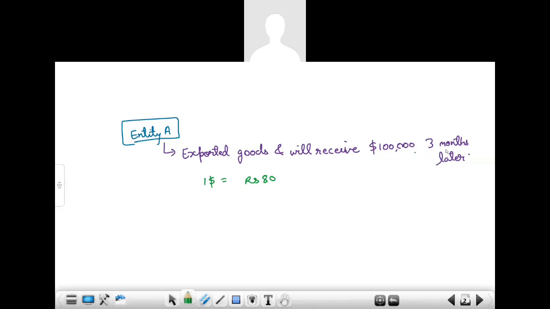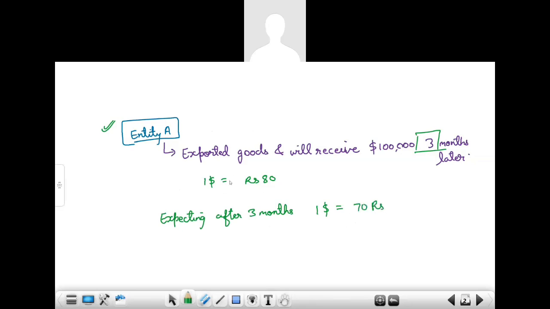But as you know, the markets are very fluctuating. They do not want to bear any losses. So maybe the entity hears news that there might be a fall in the exchange rate, and thereby they are expecting that after 3 months, the exchange rate might be $1 equals to, for example, 70 rupees.